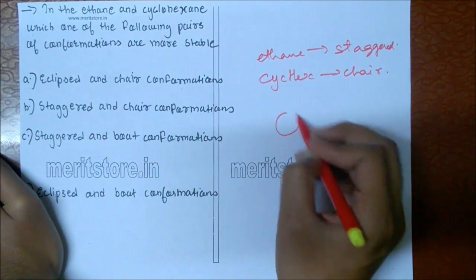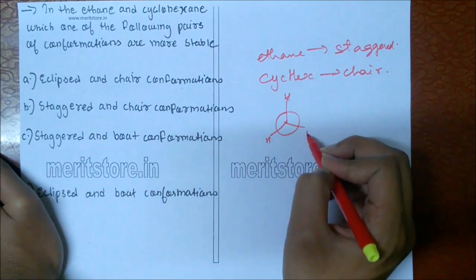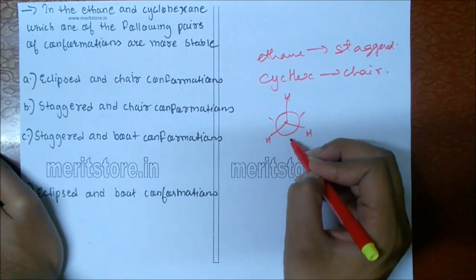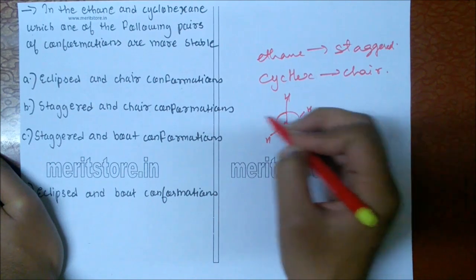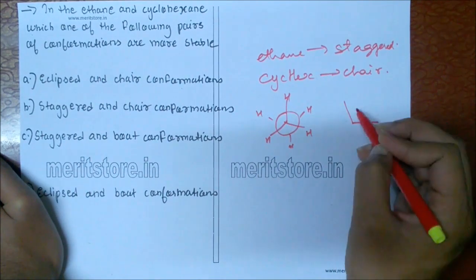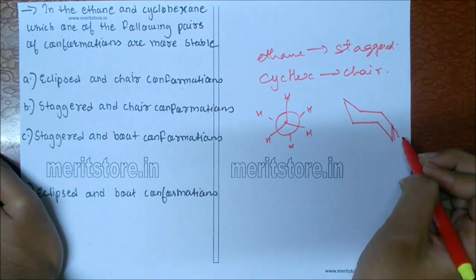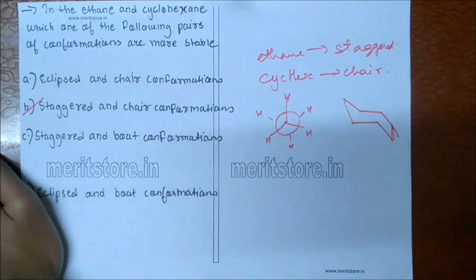In ethane, the structure will be as shown, and this is the chair conformation of cyclohexane. So option B is the correct answer.